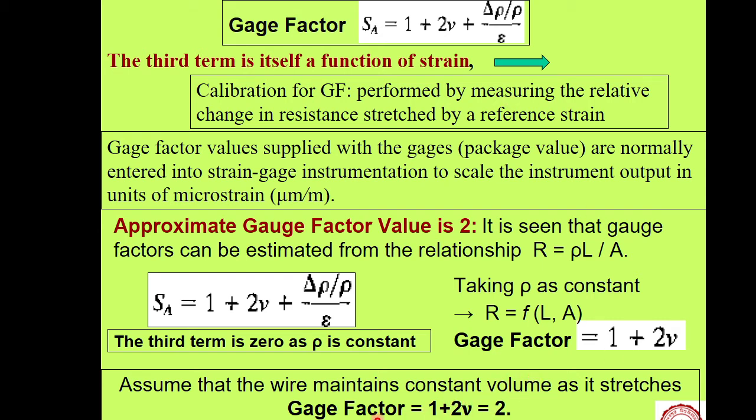So in that case, the gauge factor is 2. So that way, the gauge factor value is approximately around 2. Okay. So this is how we measure strain by using strain gauge.